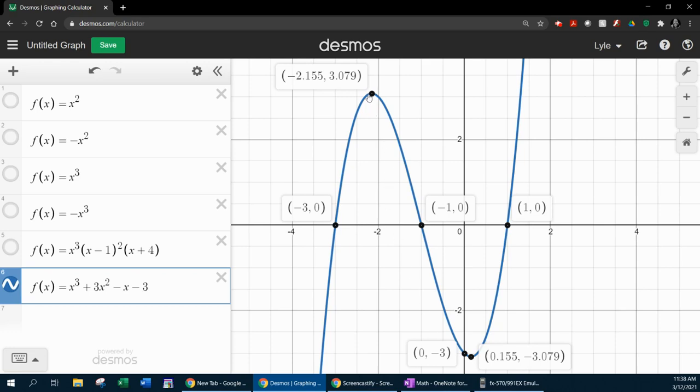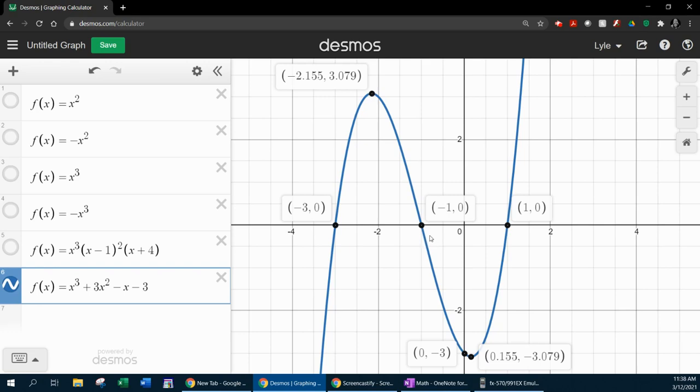As far as the high point and the low point, really to get those efficiently, you need calculus. You need a concept called the derivative. Finding the first derivative of the function can get you what we call the maximum and minimum value.